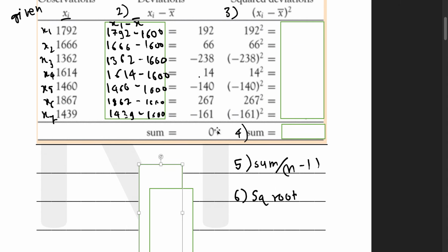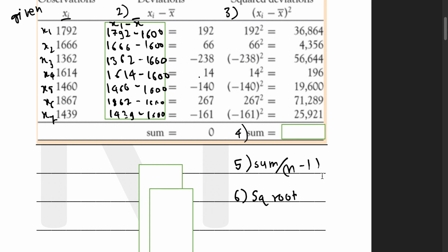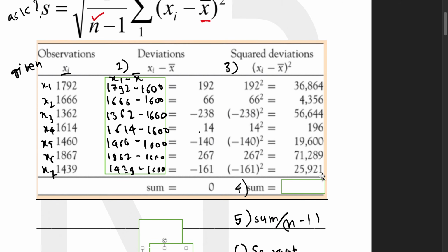So we want to square them, and 192 squared is 36,864. Likewise, you calculate the squares of the next terms.